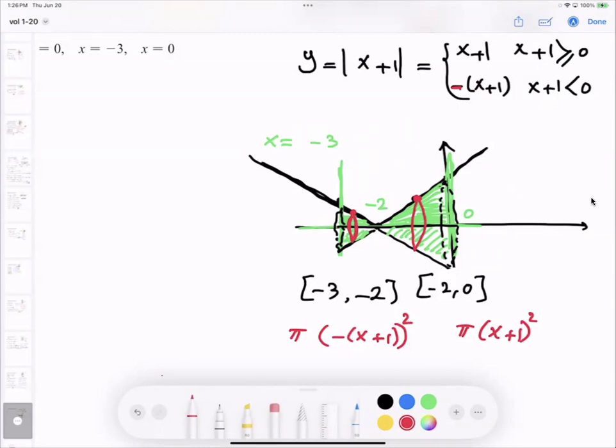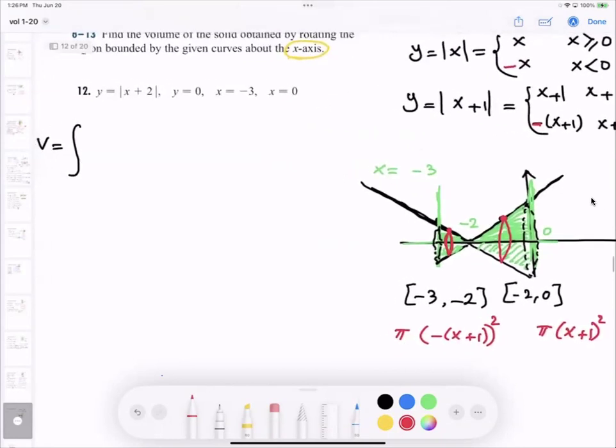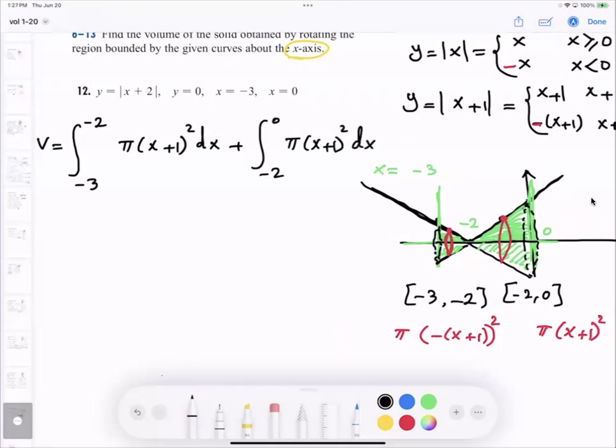All right, very good. So what do we have? We can write this as the integral from negative 3 to negative 2 of pi (x plus 1) to the second power, and this negative sign, because it is raised to the second power, disappears, dx, plus the integral from negative 2 to 0 of pi (x plus 1) to the second power dx.